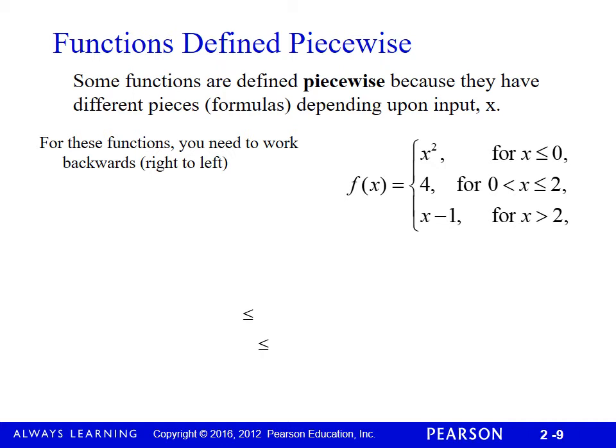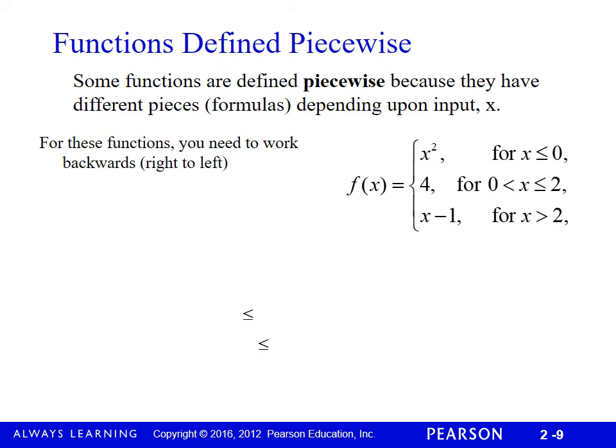So for example, if I said I want to find f of 3, which means to find the y value when x equals 3, I don't just start plugging 3 into x squared, 4, and x minus 1. I go over here to the right and ask, if x is 3, which one do I use?